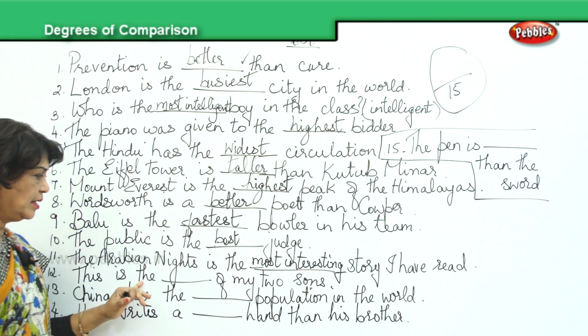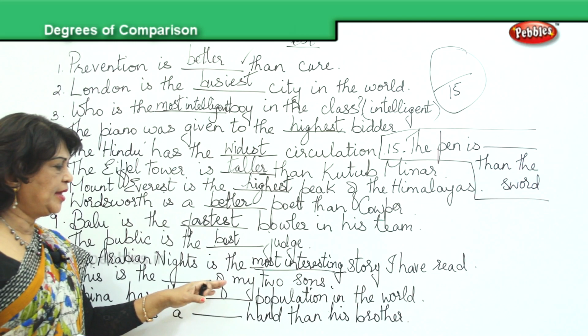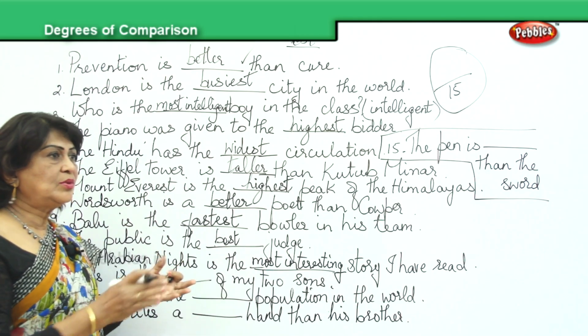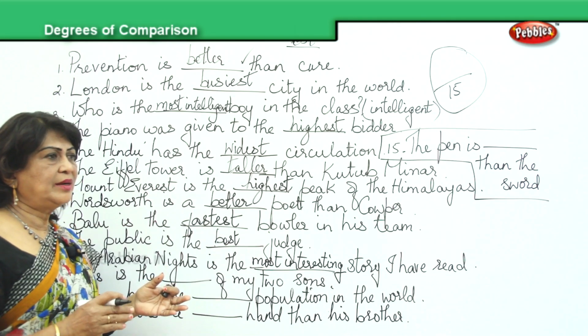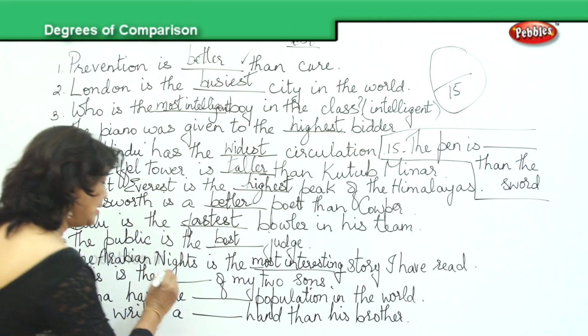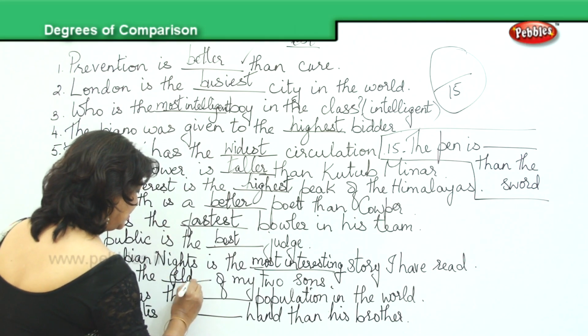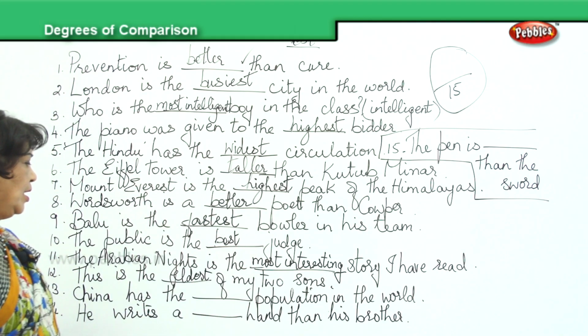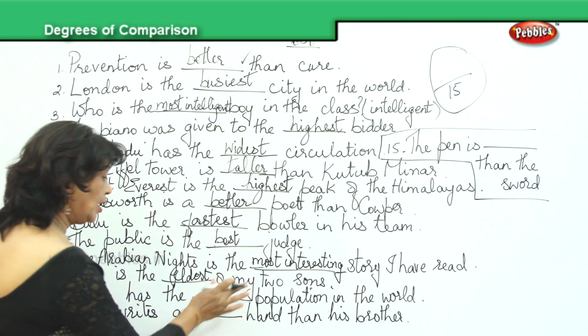This is the dash of my two sons. Now, when you ask who is the elder one, this one or that one, he is the eldest of my two sons. Okay, or now here only two are given.